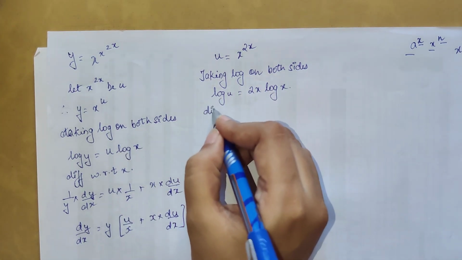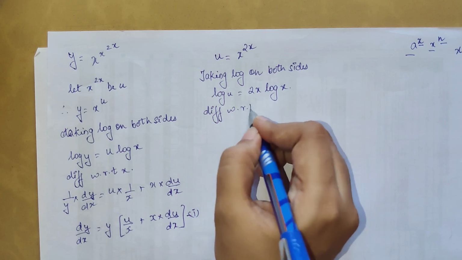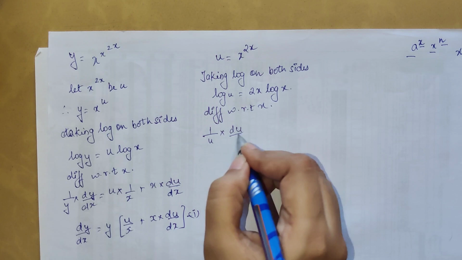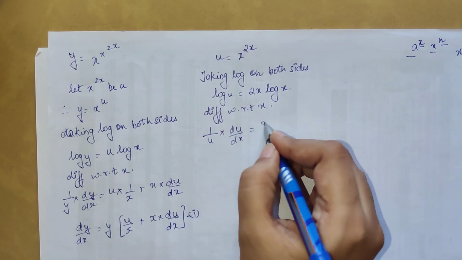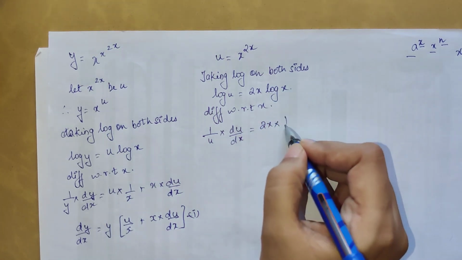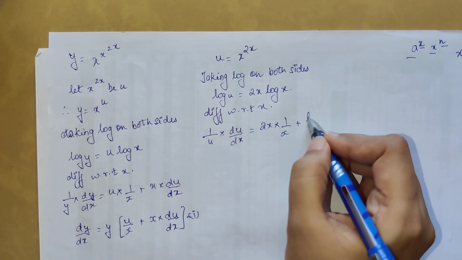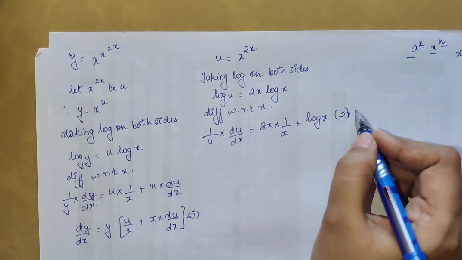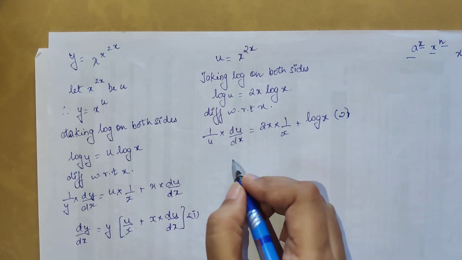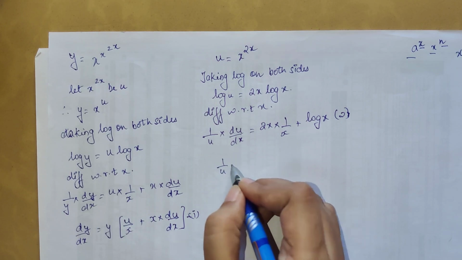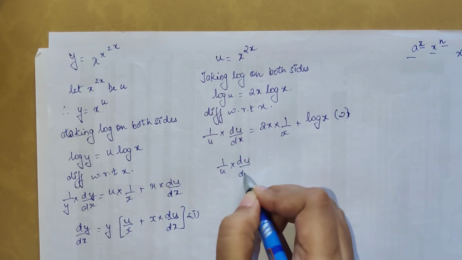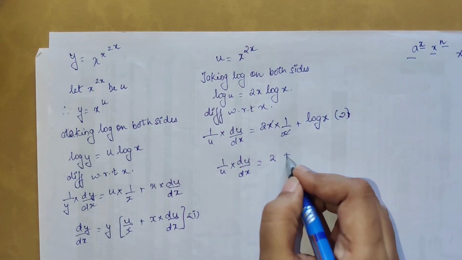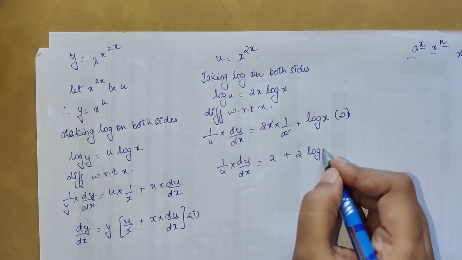So now differentiating with respect to x, we will have 1 upon u into du by dx is equal to 2x into differentiation of log x is 1 upon x plus log x into differentiation of 2x is nothing but 2. Okay, so now we will have 1 upon u into du by dx is equal to this x and this x will cancel plus 2 into log x.